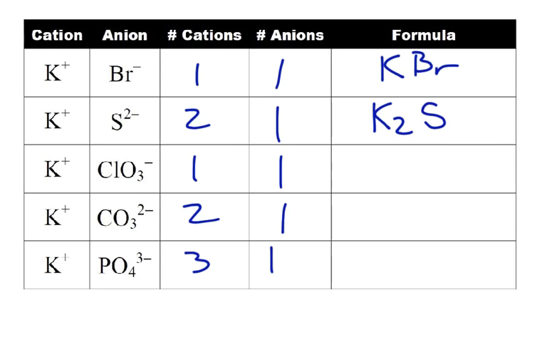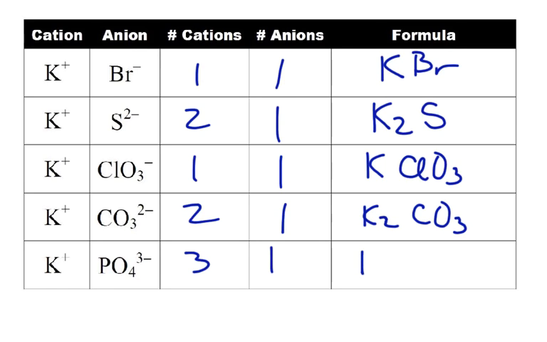If I need 1 and 1, I have 1 K and 1 ClO3, and the compound would be potassium chlorate. Now I had 2 potassiums and 1 carbonate, so it's just K2CO3, potassium carbonate. And my last one, potassium, I need 3, phosphate, I need 1, so K3PO4. And that's how that works.